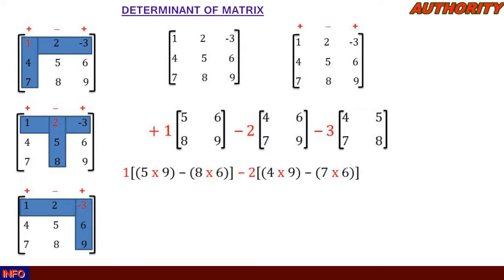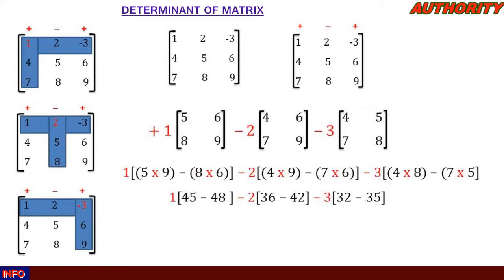Okay, now the next one we have minus 3. Let's see if we can also find the determinant of this third matrix. That means we're going to say 4 times 8 minus 7 times 5. Now let's go to the first one. 5 times 9 gives us 45, and then minus 8 times 6. 8 times 6 is equal to 48.